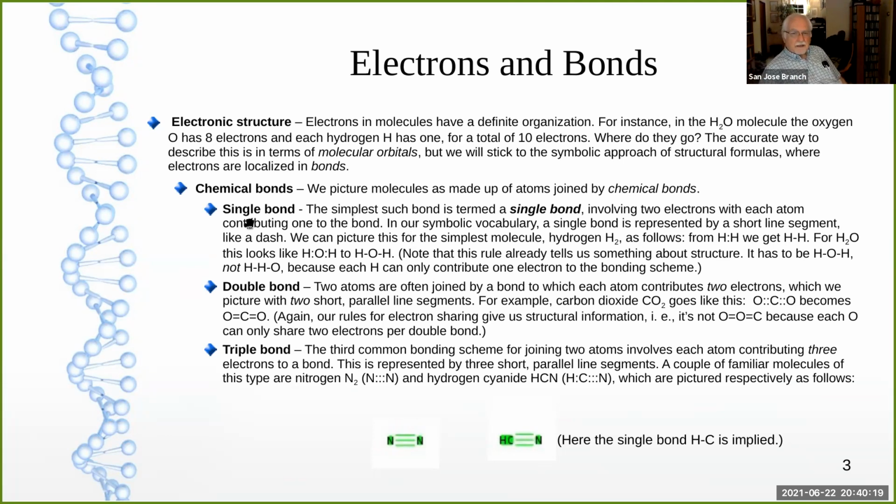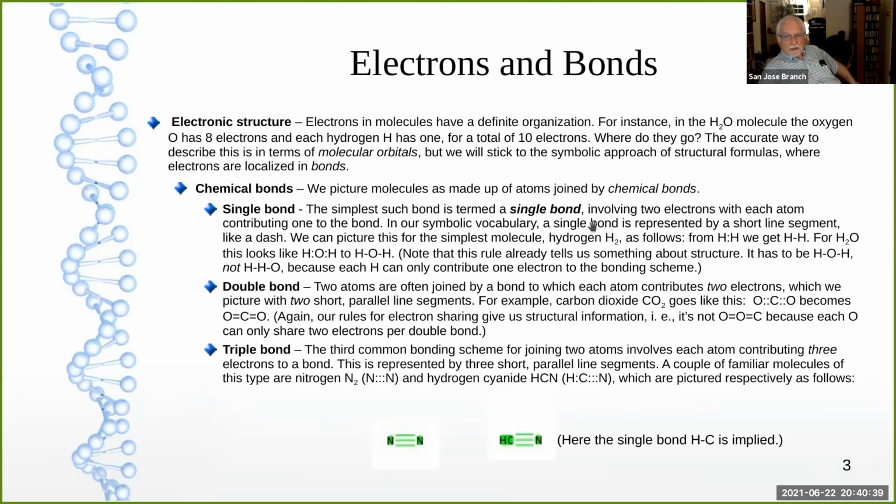The simplest kind is a single bond. And what that involves is 2 electrons in a bond, and each atom contributes 1 electron to a single bond. And that's what joins the 2 atoms together.